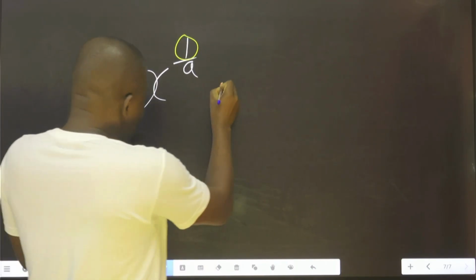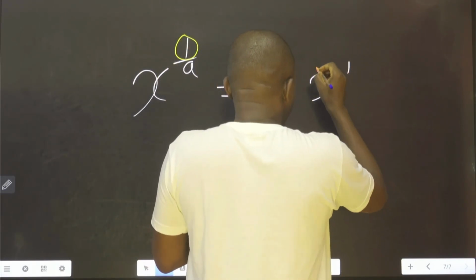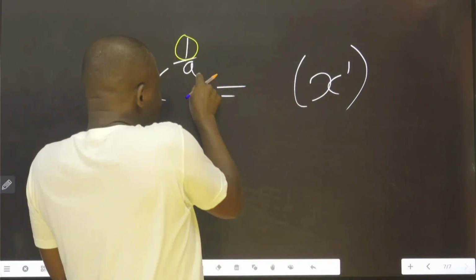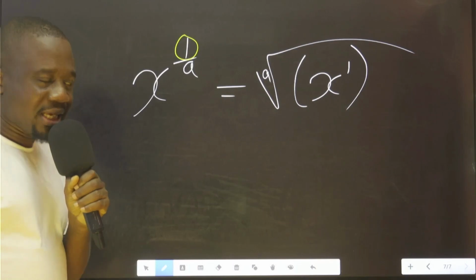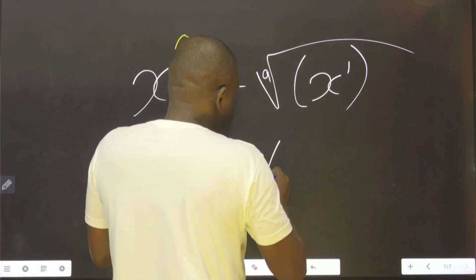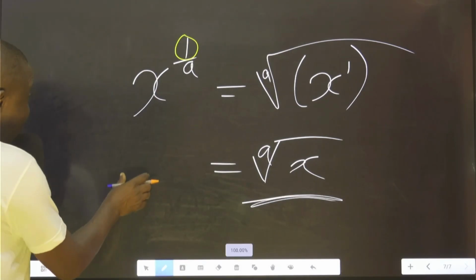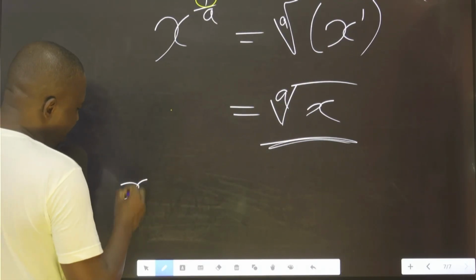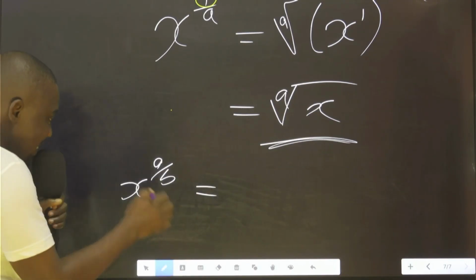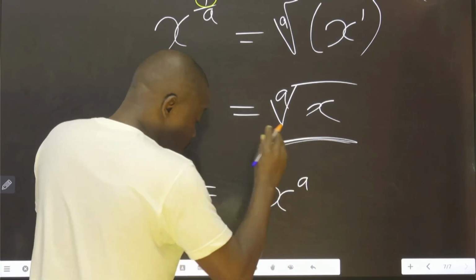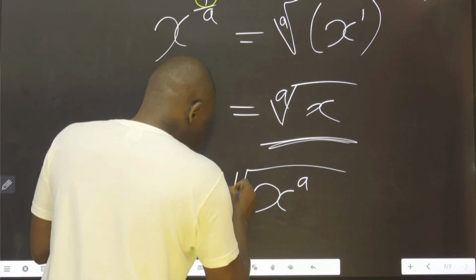So this simply means x raised to power 1 over a means the a-th root of whatever is here. Therefore, if I have x raised to power a over b, this simply means this a is for the power, while this b is for the root.